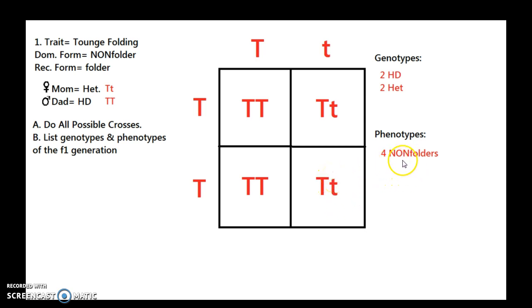All 4 of these would show the dominant trait of not being able to fold their tongue. So if this is mom and dad, it's a 100% chance that this child will not be able to roll their tongue. And that is all you need to do for number 1.